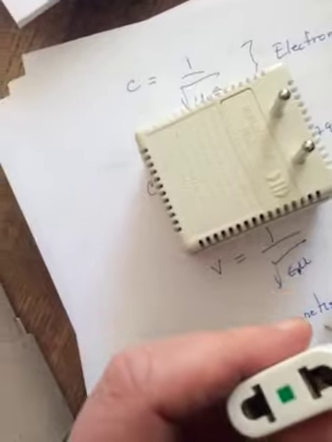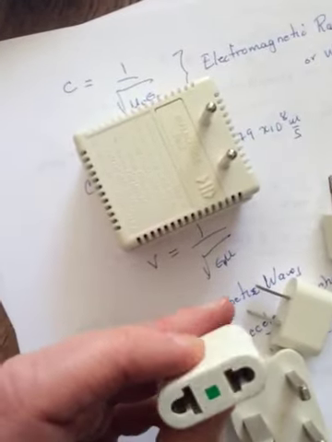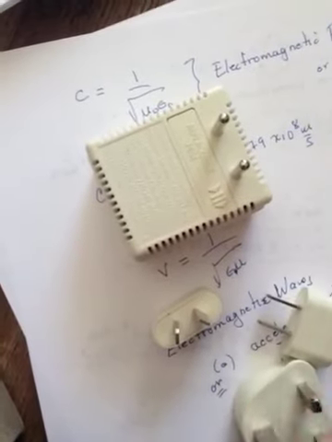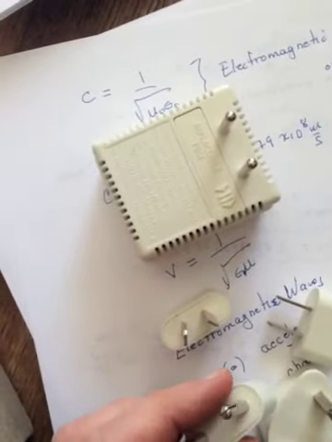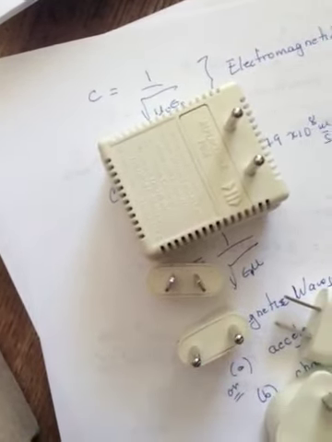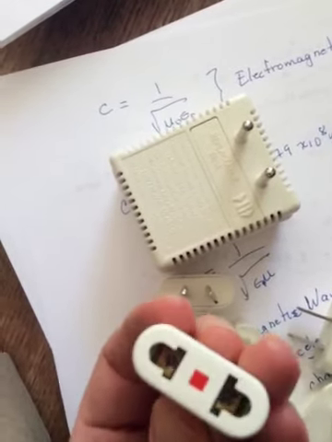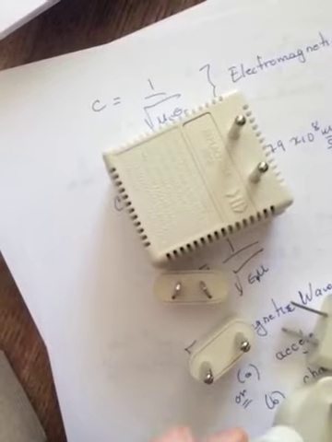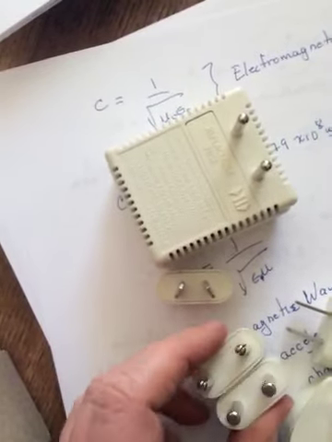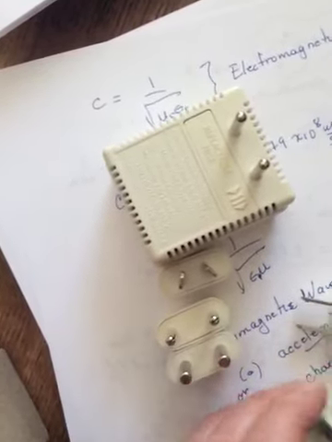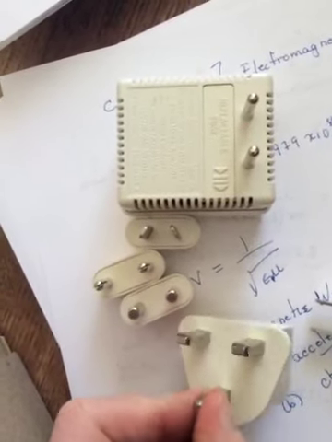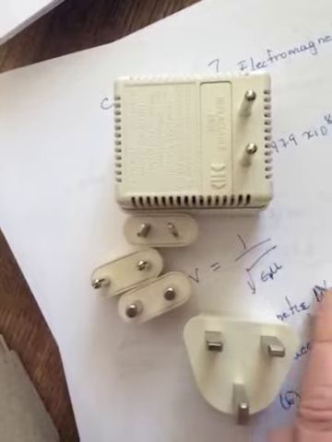Or you can put it in this one, which is Australia. Whoops, I should be showing you the opposite sides. So this is Australia, this is Europe, and this one is the United Kingdom again, but in the bathroom. So it matches Europe, the bathroom does, but the other ones don't. In Europe, the other ones have the ground like we do, but they're all different shapes.